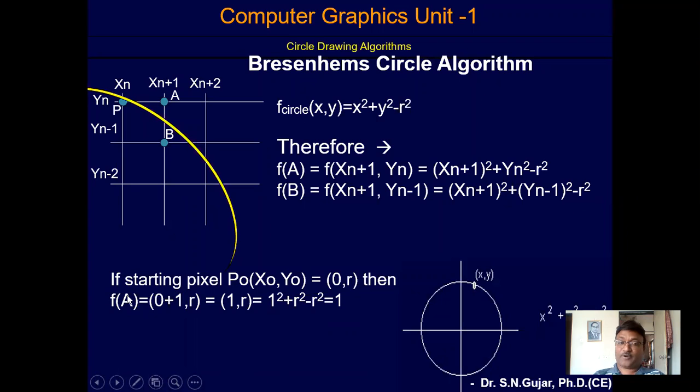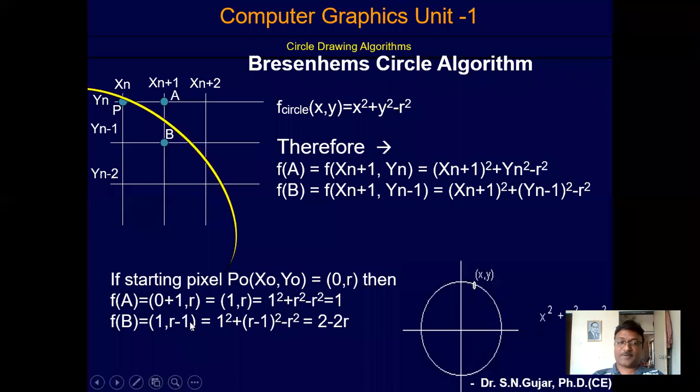Now if I have already told you f of a, why not f of b? Yes, f of b is also there, so now you have to put f of b. What does f of b become? (1, r minus 1). Why? The xn value is 0, and the yn value is r.